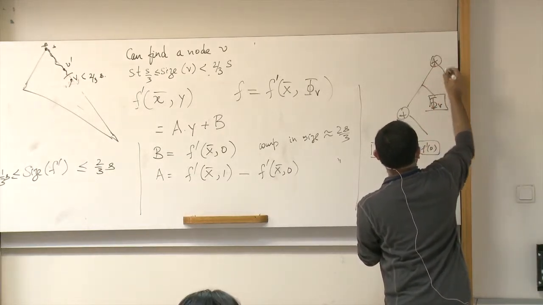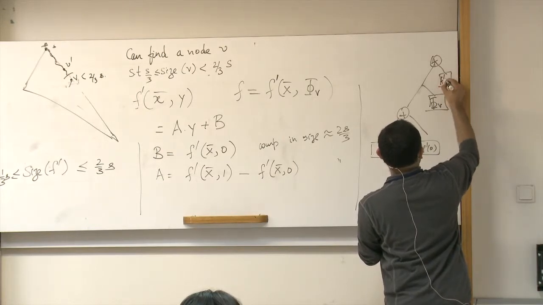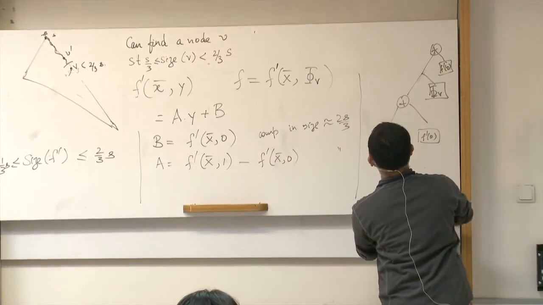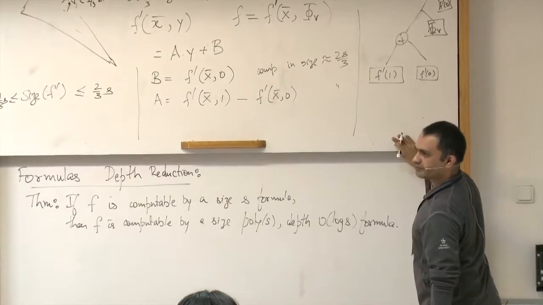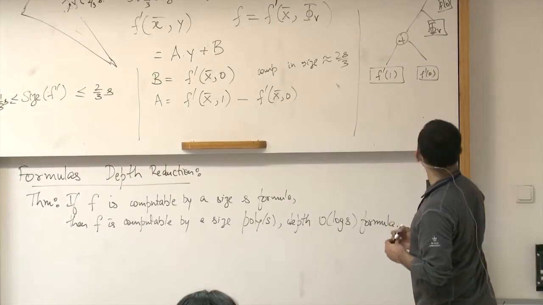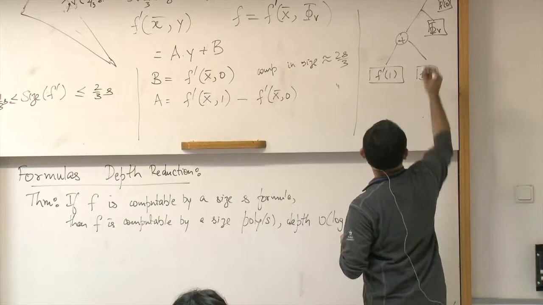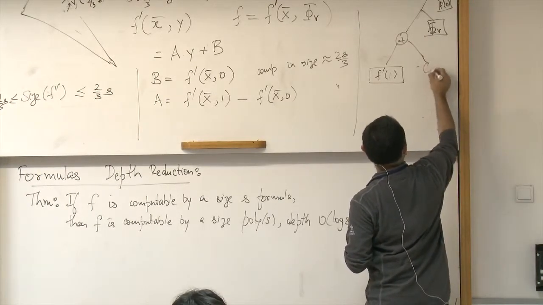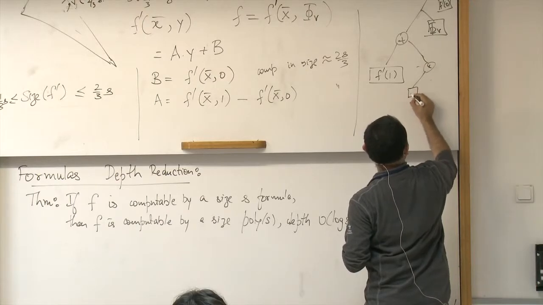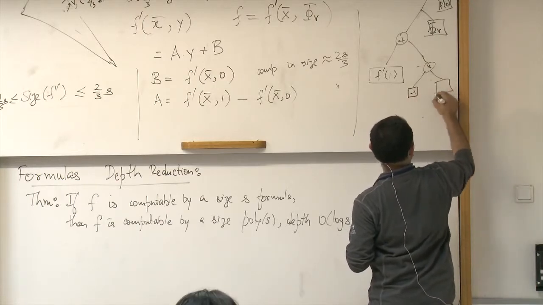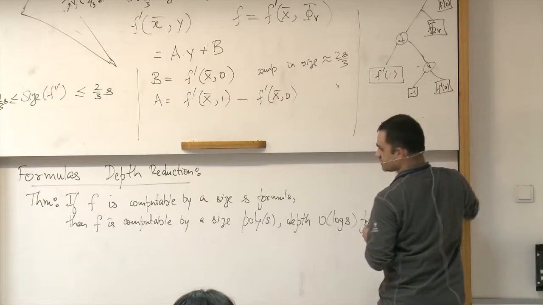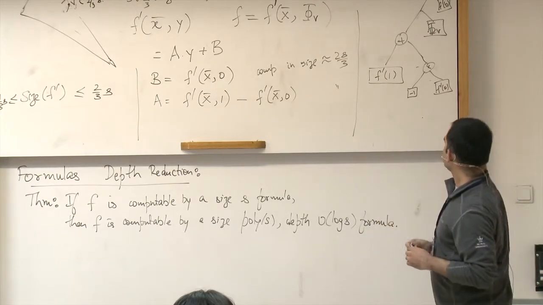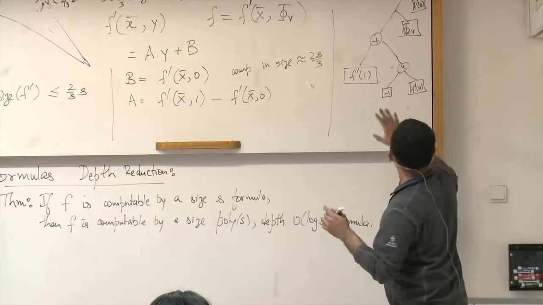And now I have to add f prime of 0. Okay? So let's say this is -1 and this is, yes. Okay? And what do I know from this?